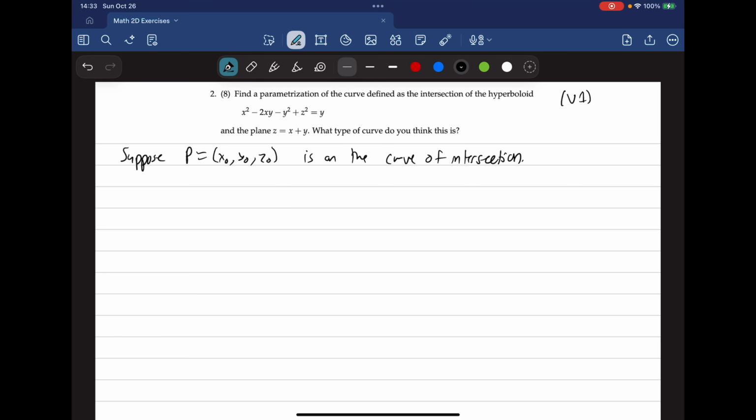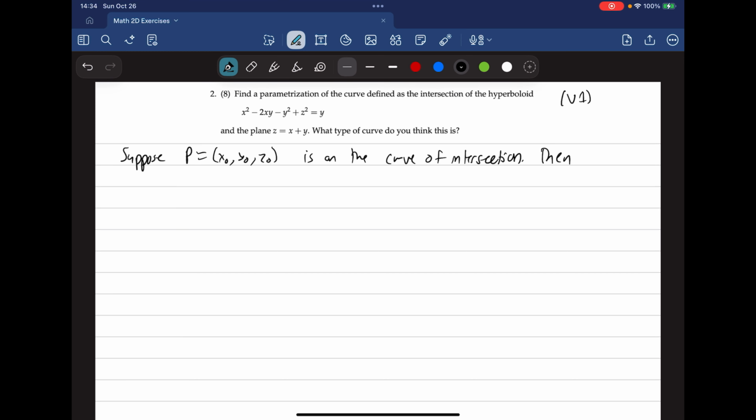And what I'm going to do is see if I can get some relations between these three numbers that let me find a sort of obvious parameterization, if that makes sense. How am I going to do this? Well, this point, by definition, lies on the curve of intersection, so the coordinates of this point must satisfy these two equations.